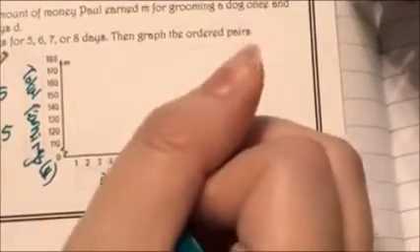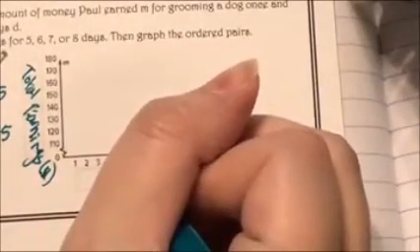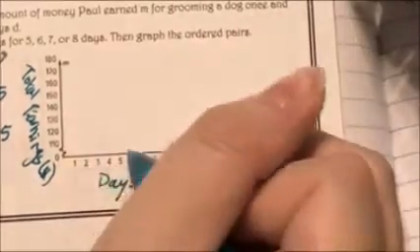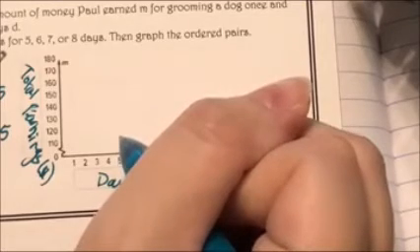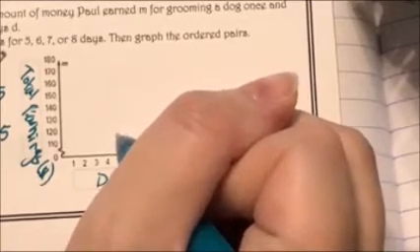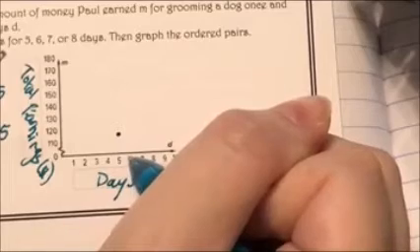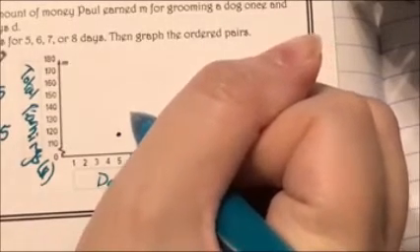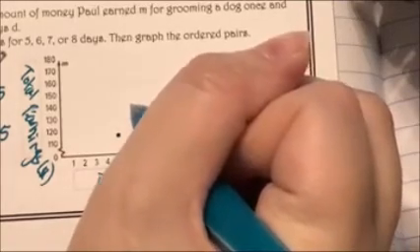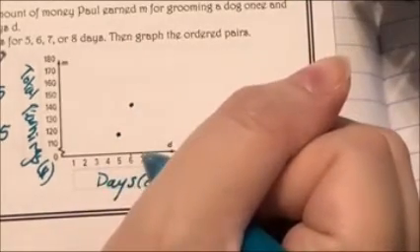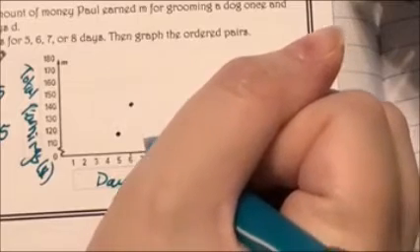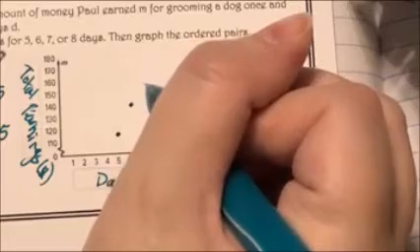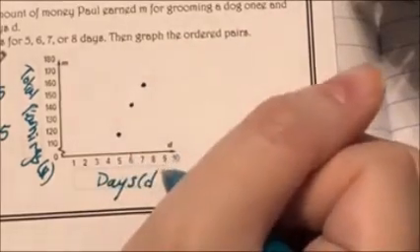All right, on day 5, he earned $117.50. So here's 5. It's about there. On day 6, he would earn $136. It's about there. Day 7, $154.50. It's about there.